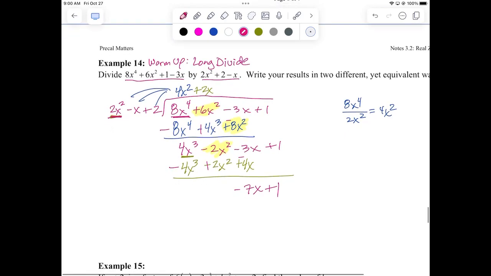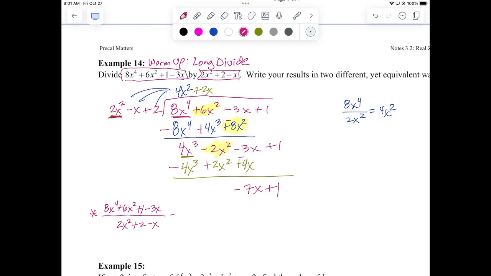Now remember what that means is this. Here's how I can state it. I can say 8x to the fourth plus 6x squared plus 1 minus 3x, that's the original dividend, divided by 2x squared plus 2 minus x. I'm just referring up here to the top to the original functions.